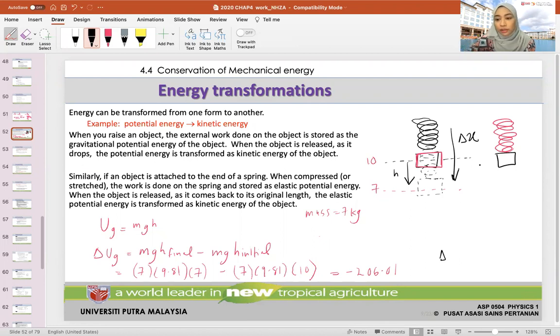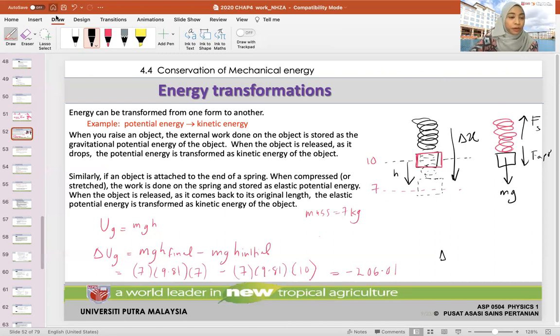So this mass has some weight called mg. So this mg is the force pulling the spring down. So there is an F applied onto the spring, which is mg, and the spring does not like that, so friction occurs here. Then there is Fs.